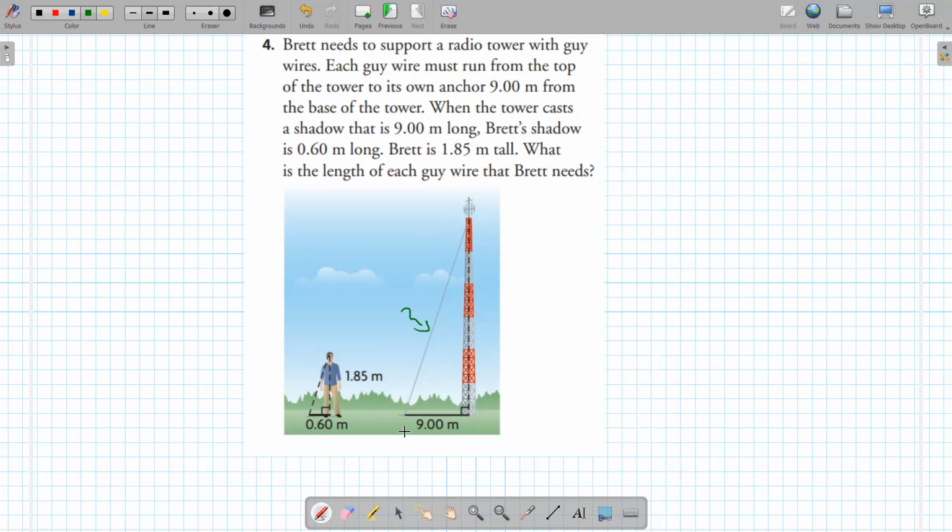What's our approach for this question? First of all, are those two triangles similar?